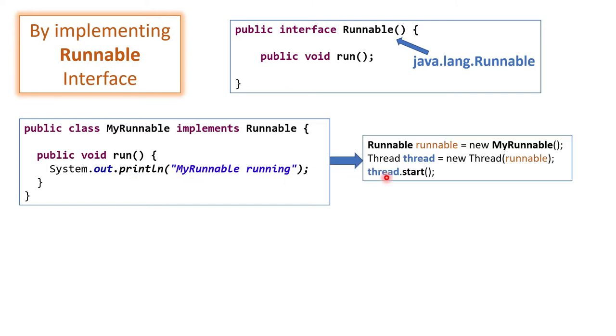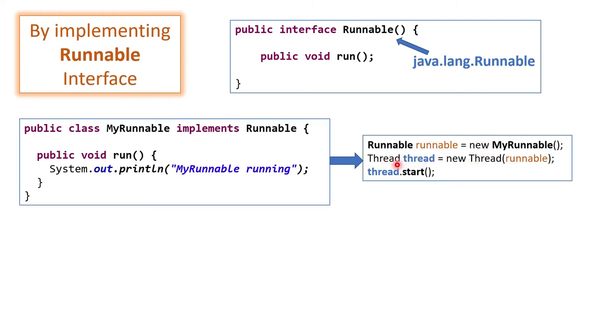Then you can write Runnable runnable = new MyRunnable(). That means you are creating an object of type Runnable, and you can create a Thread and assign this Runnable object into the thread's constructor. Means you are creating a thread and you are assigning work for it.